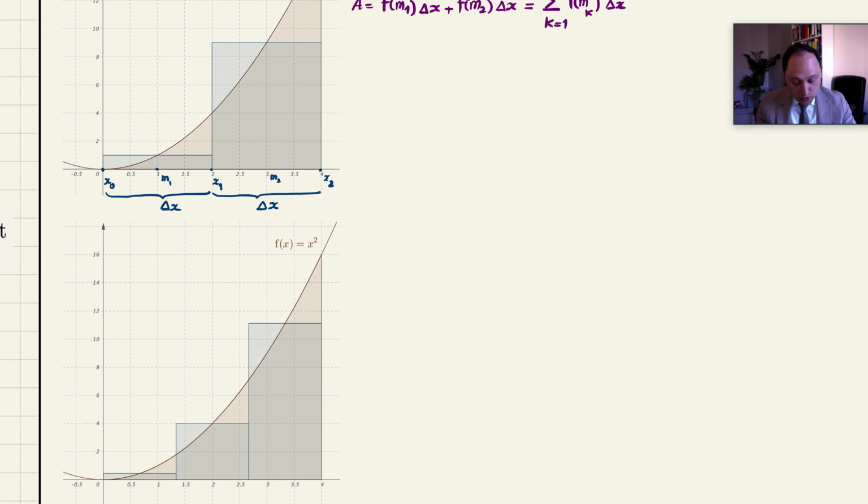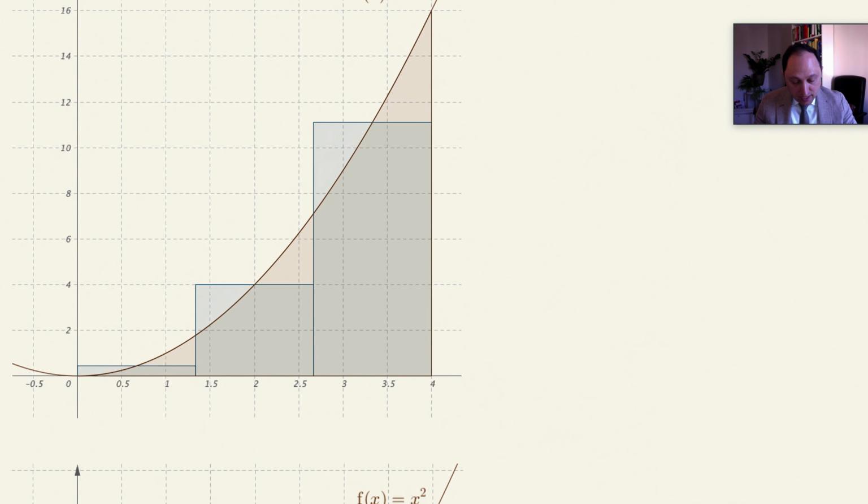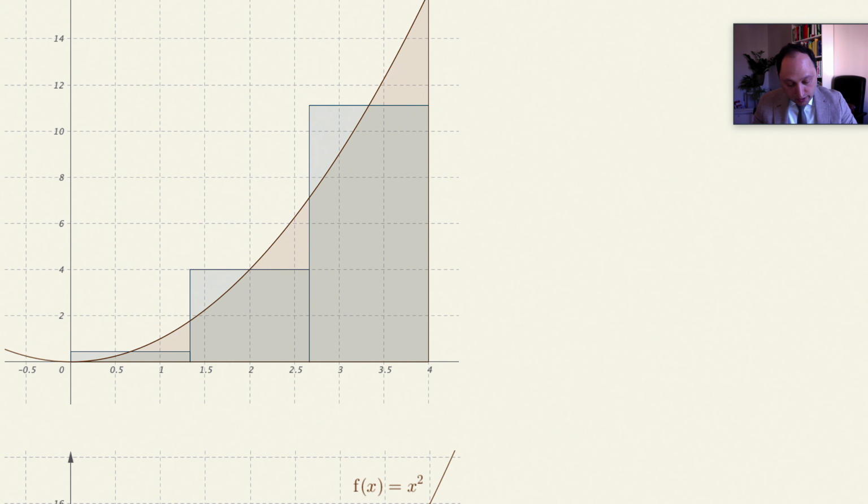Okay, now let us go to the next situation. The next situation, I want to divide it into 3 pieces, but the calculation for 3 pieces is a little bit hard. Let me go first to 4 and then come back to do the calculation for 3. The reason is that you need to work with fractions.